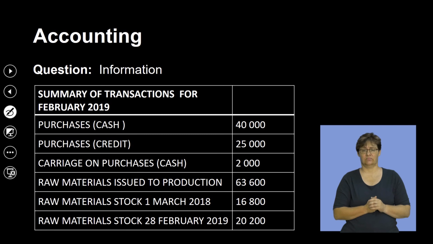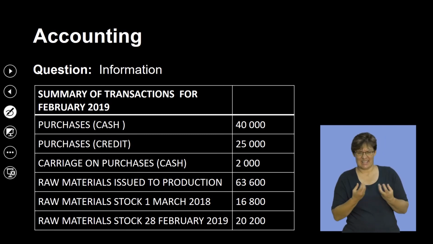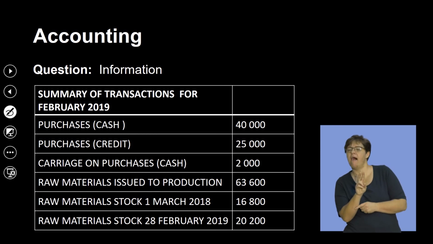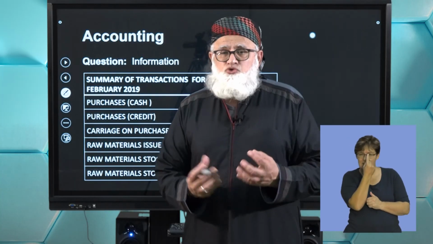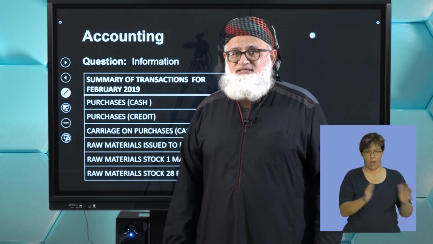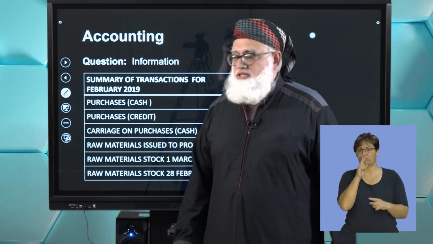Here we have an appetizer for you. Just something for you to get au fait with, to get into this section, to understand how we deal with certain things, right? So let's look at the information that we have.